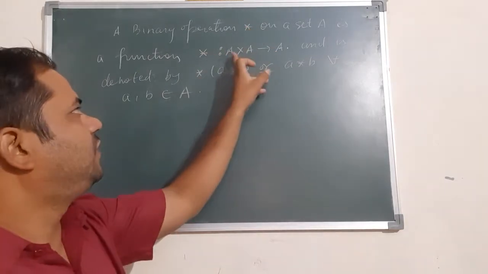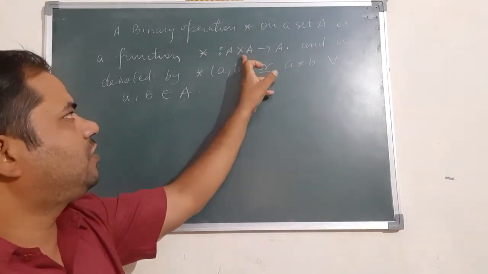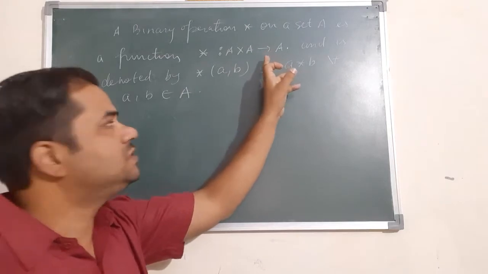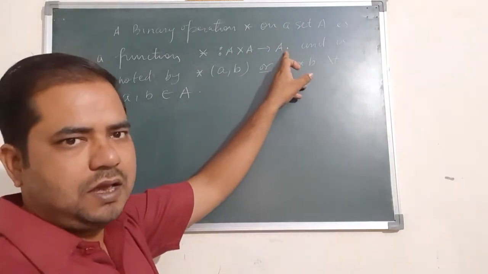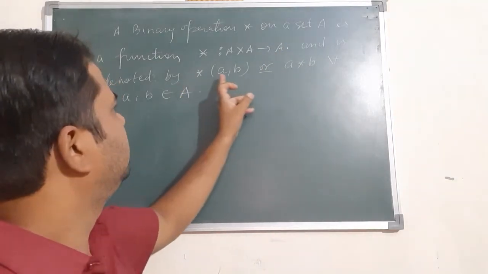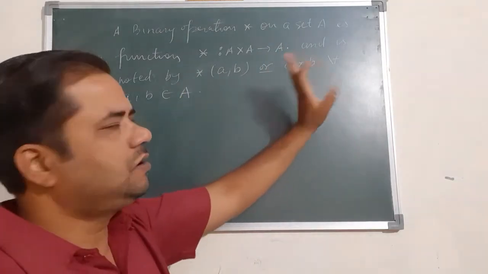This is nothing but a function, but a function from A cross A to A. That means from an ordered pair to a single element. And it is denoted by star(a, b) or a star b.